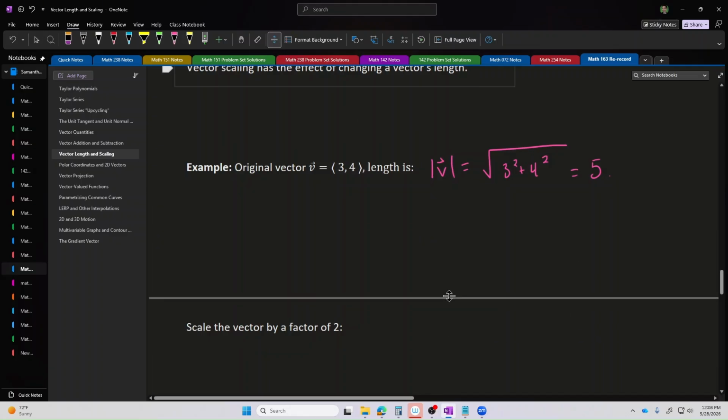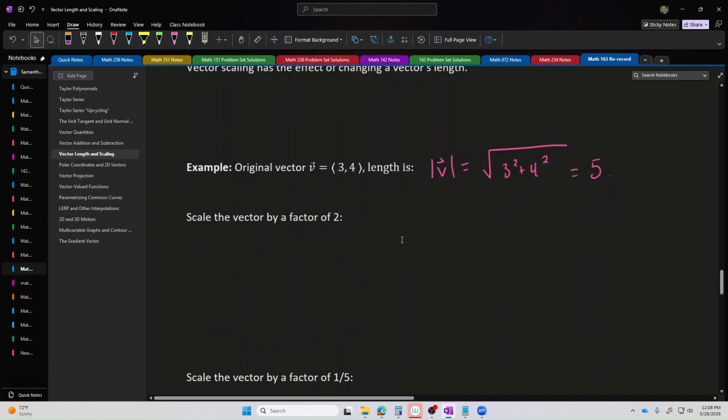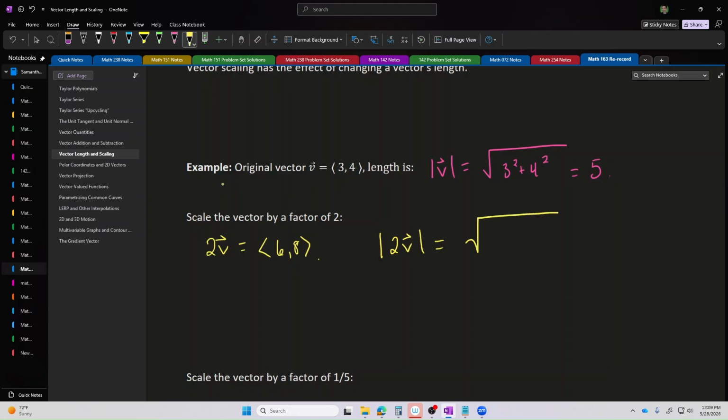Now let's see what happens to the vector when it is scaled by a factor of 2. If I take the vector and multiply it by 2, I get the vector 2v, which is equal now to 6, 8. If I find the length of 2v, I will have the square root of 6 squared plus 8 squared.